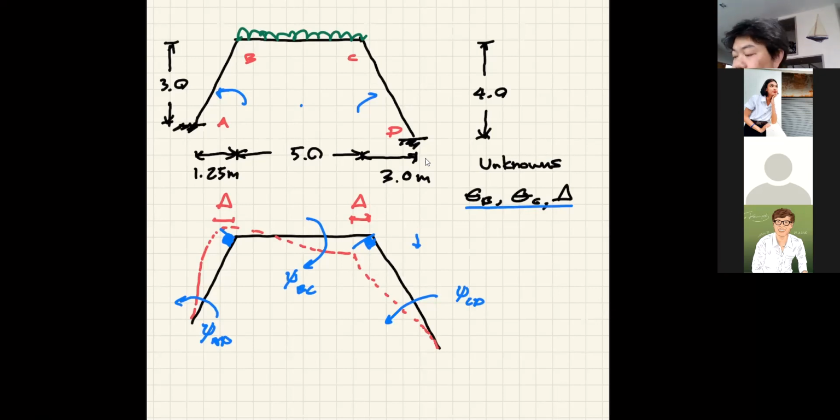So the key to solving a problem like this is to finally turn psi AB, psi BC, and psi CD into the delta term. So what do you need to do now? Let's do it for the sake of knowledge.